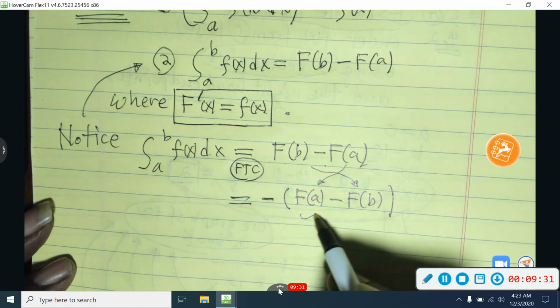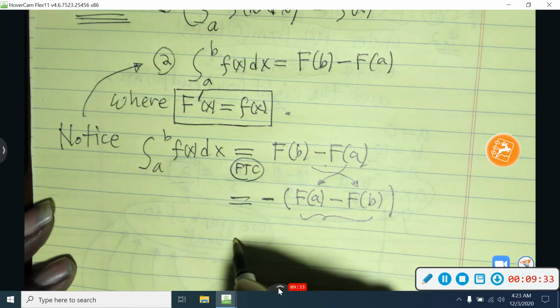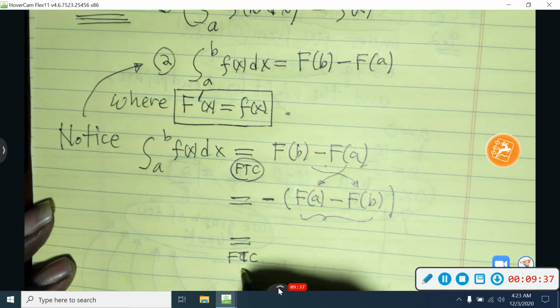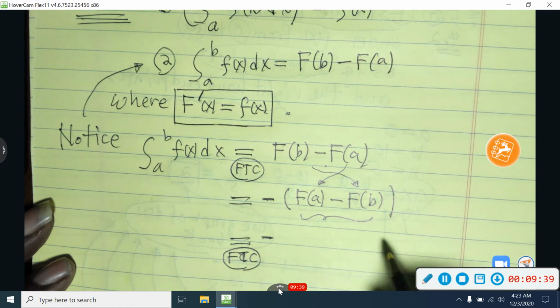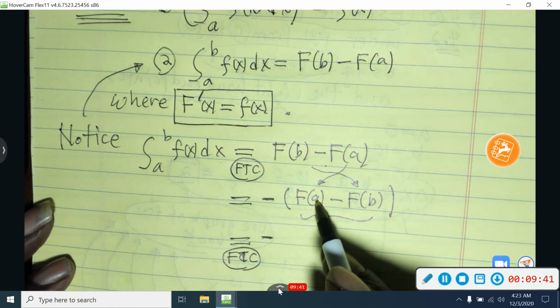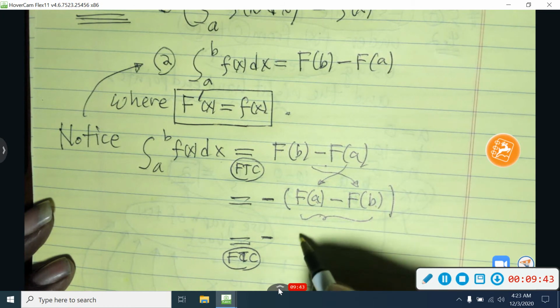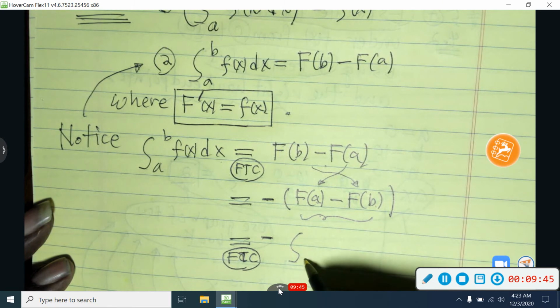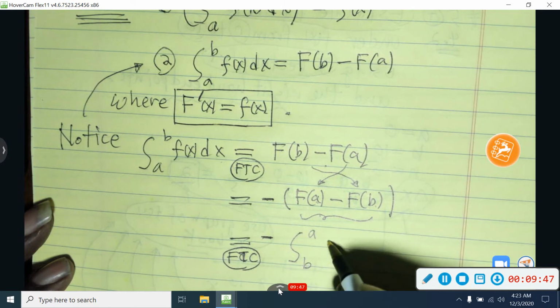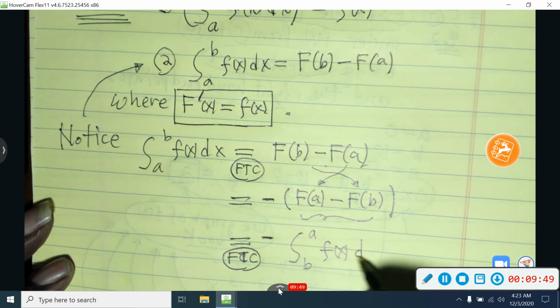But then look at what FTC says this is. Now let's use FTC again. Let's use it twice. Since the a's first and the b's second, this would be the definite integral from b to a of little f of x dx.